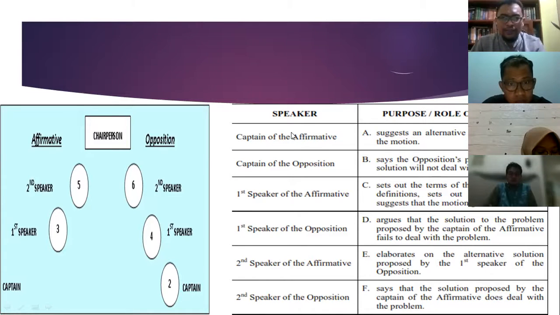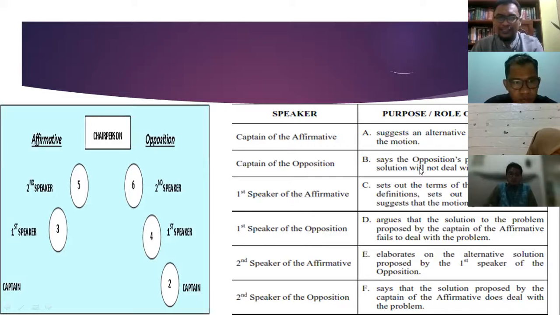So over here we have the speaker, the captain of the affirmative, captain of the opposition, the first speaker of the affirmative, the first speaker of the opposition, the second speaker of the affirmative, the second speaker of the opposition. So these are the roles, or what each speaker has to do during the debate.